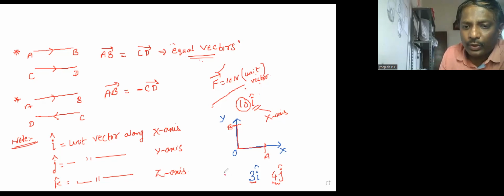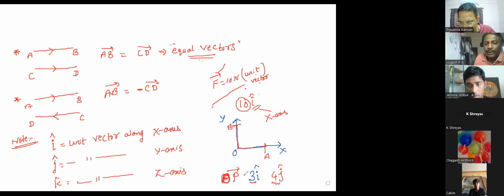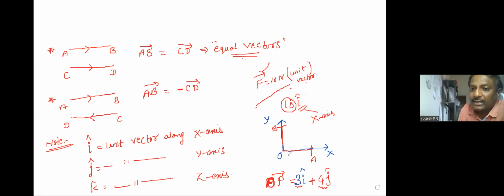Now I will give one vector, let us say the OP vector. Let us say OP vector is 3I plus 4J. Now, can you tell me how to show that OP vector in the graph? Is it acting along the x-axis or the y-axis?